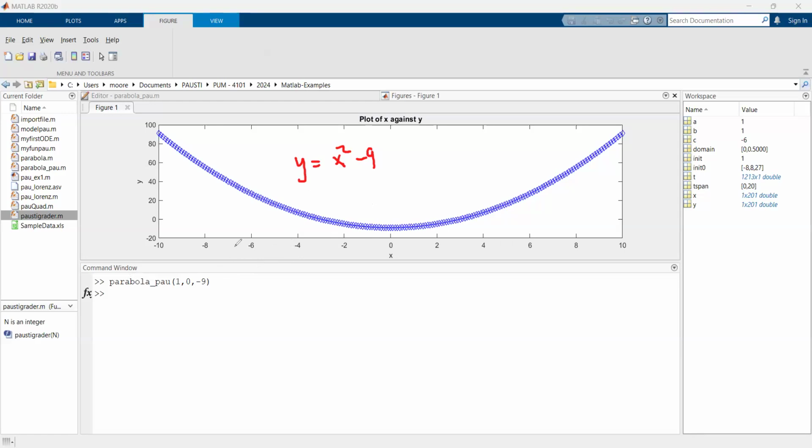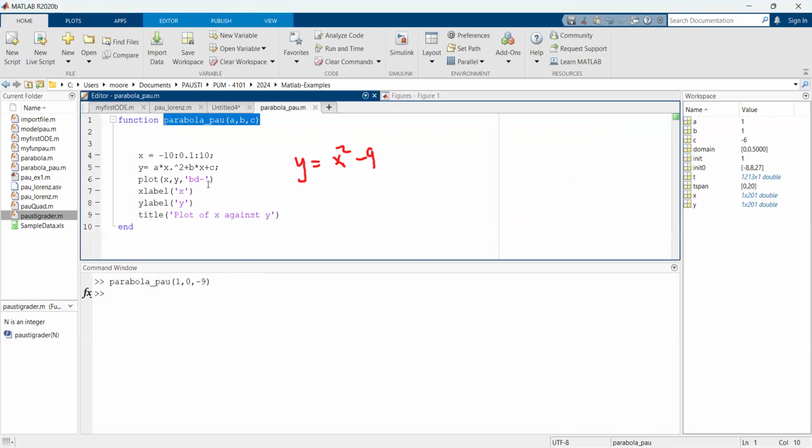So very, very easy. If it is too much, we can go back to the function. We can decide that maybe we should just do a plot, nothing fancy, right?